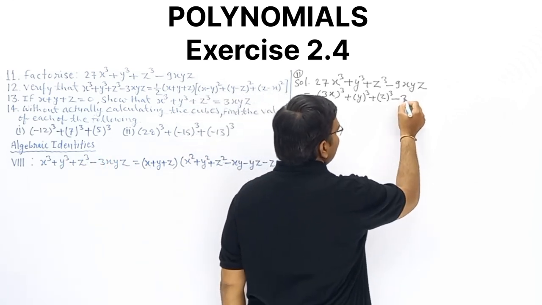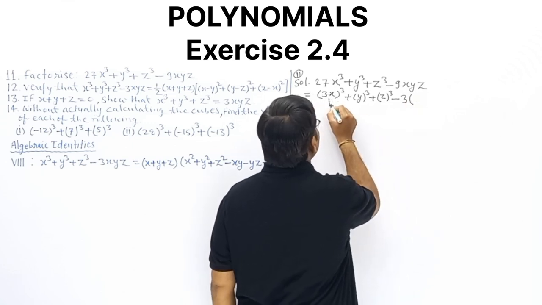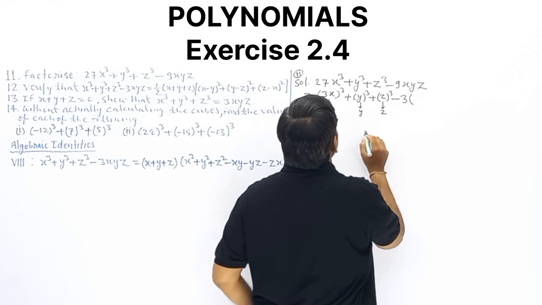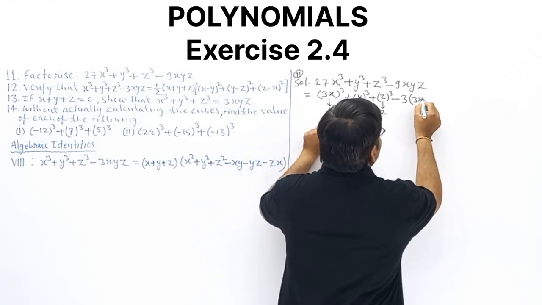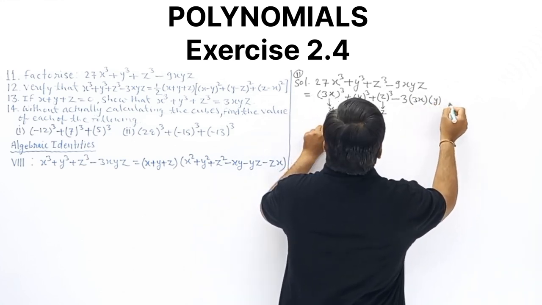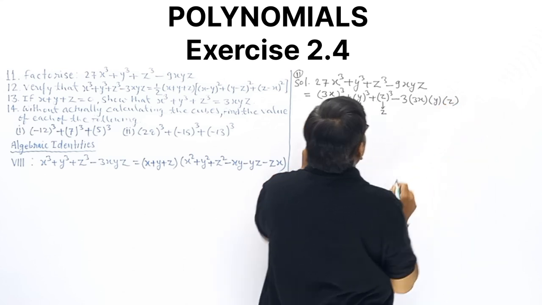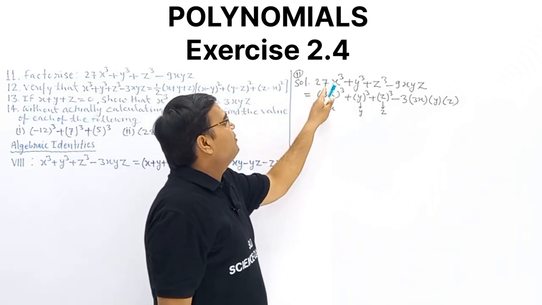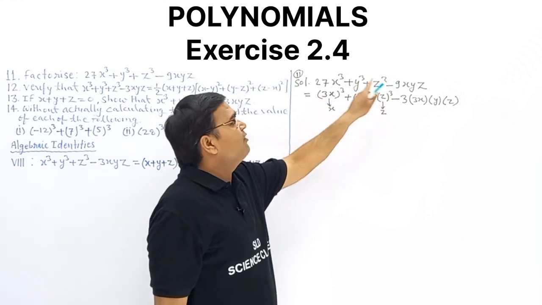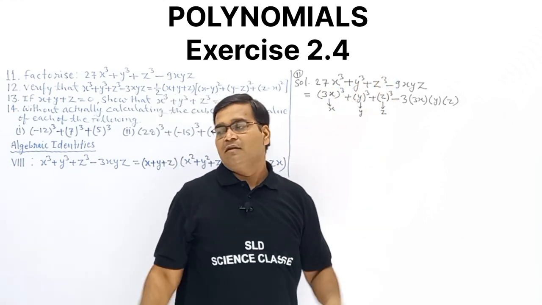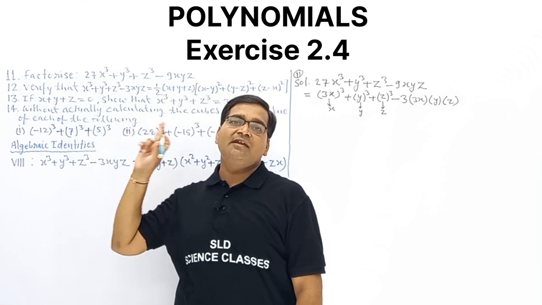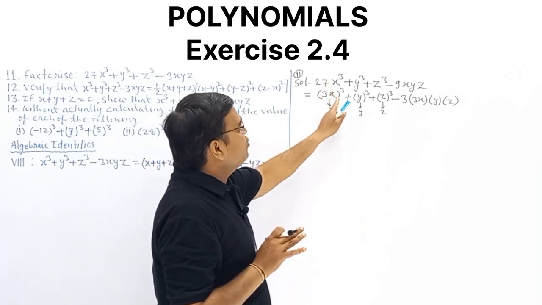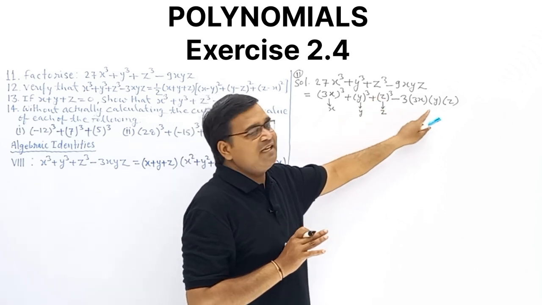So we will write 3 times x, y, z. Here x is 3x, y is y and z is z. What we are doing is converting the given expression into the general form of algebraic identity 8th. Clear? So we want x cube plus y cube plus z cube minus 3xyz.